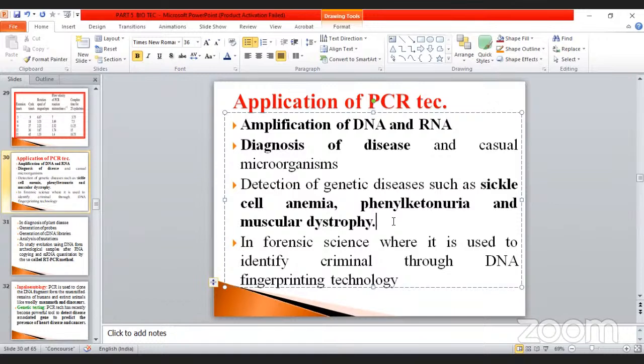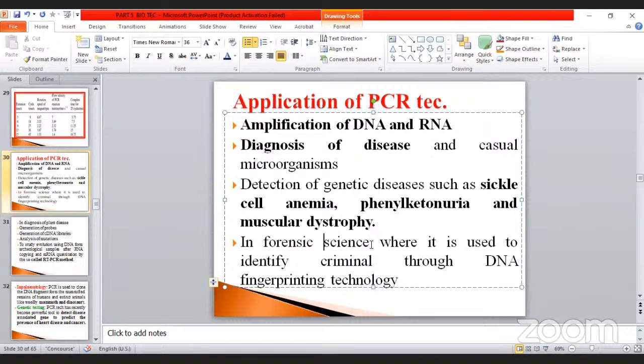So at that time, how will you rectify these diseases? You should identify beforehand which gene is responsible for sickle cell anemia, phenylketonuria, or muscular dystrophy. Suppose you find that gene, you can remove it from the normal genome. Instead of the infected or disease gene, we can replace it, meaning you will get a good quality, good result of the test. Okay, so that is important.